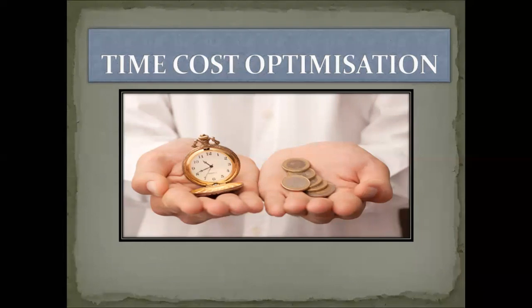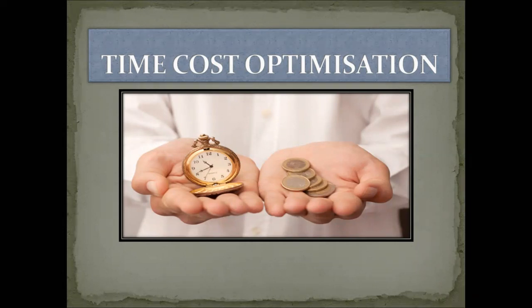Then next, you are reducing the time. First case is 15 months, 25 lakh. Second case is 12 months, but the cost of the project is increased up to 26 lakh 80,000. That means your project is crashed by 3 months. That is called project crashing: the project is completed earlier than the normal time.